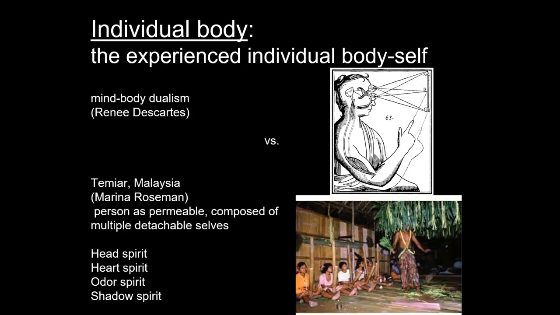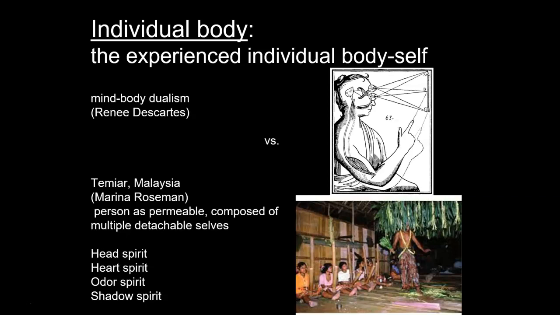So contrary to the mind-body model on the top, the Temiar conceptualization of a person is as permeable. That is, the person is composed of multiple detachable selves. Roseman describes these selves, which take the form of spirits.